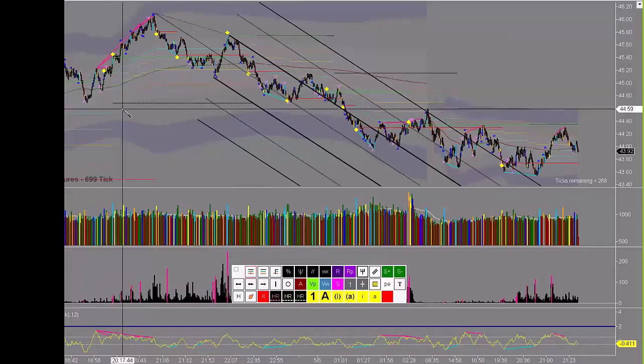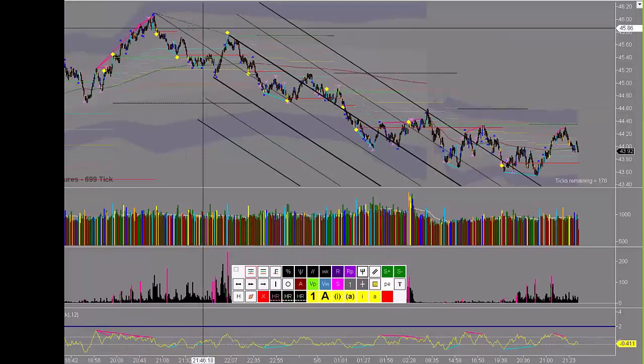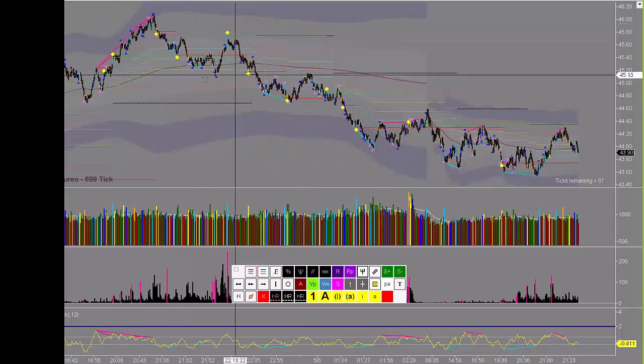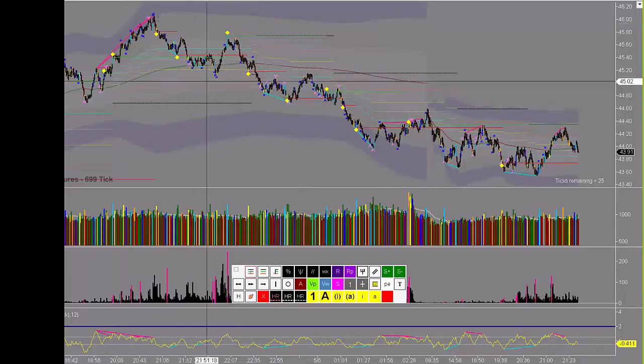That's not the way, in my interpretation, that it needs to be drawn. If you're in a downtrend, the B needs to be lower than the A.